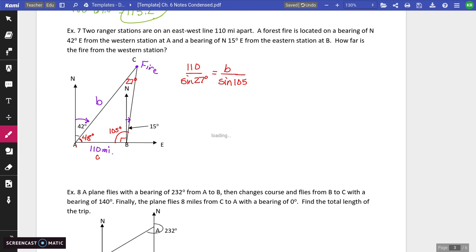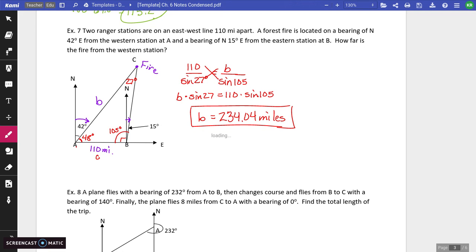So there is your setup for that one. Again, cross multiply and solve. B is going to be 234.04 miles, so 234 miles from that ranger station.